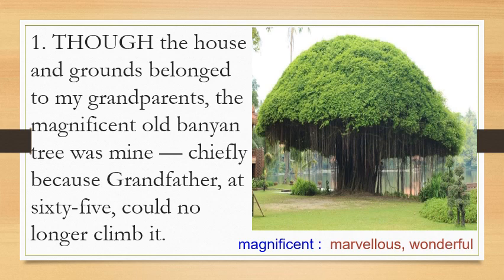So, the author, that is Ruskin Bond, was at his grandparents' house, and he claimed that the banyan tree belonged to him, though the house owners were his grandparents. He said so because his grandfather was 65 years old and was unable to climb the tree.